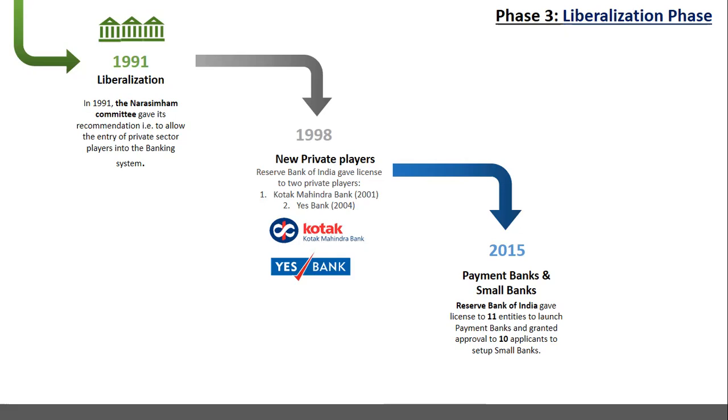I would like to mention here that RBI issued licenses to these payment banks and small finance banks under Section 22, subsection 1 of the Banking Regulation Act 1949, to carry on the business of small finance banks and payment banks in India.